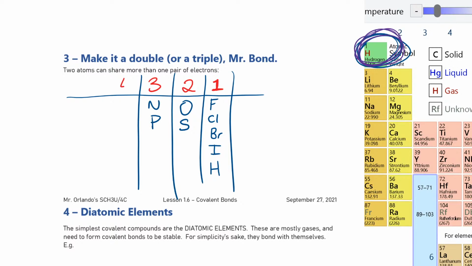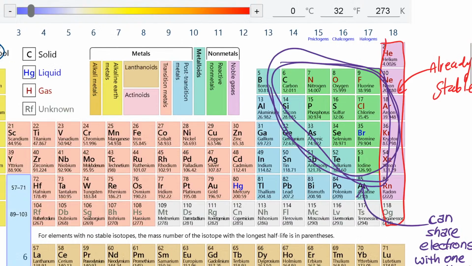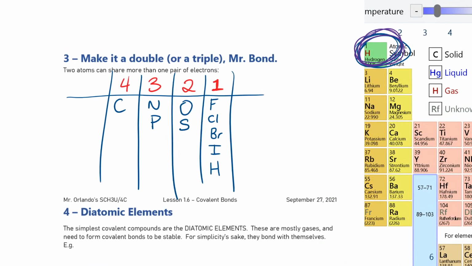And of those things that will make 4 covalent bonds, carbon and silicon. And these are basically the only elements that will, as a regular rule, engage in covalent compounds. These are pretty much the only compounds that share electrons.